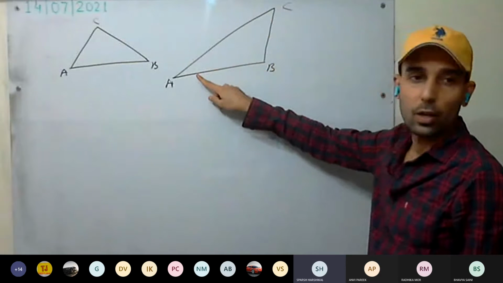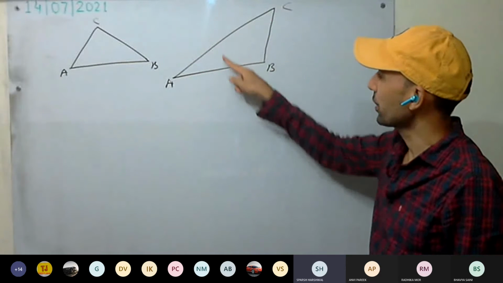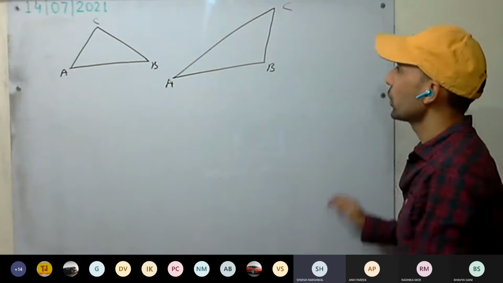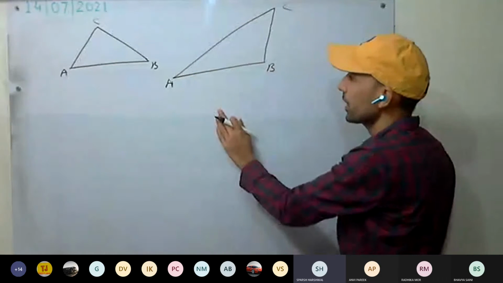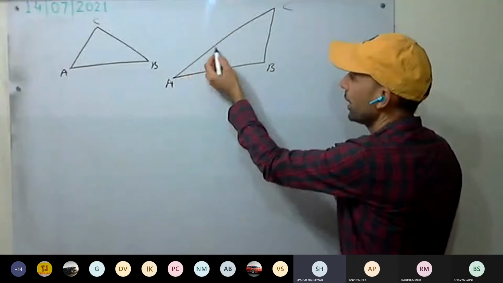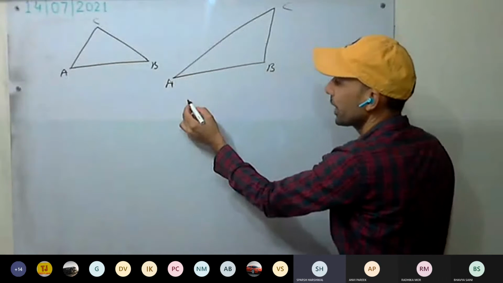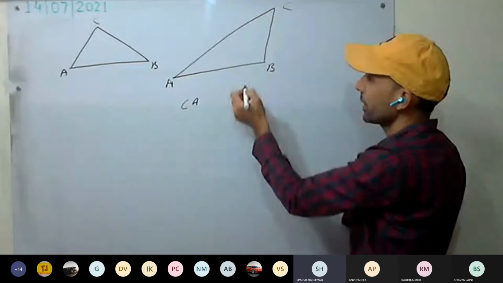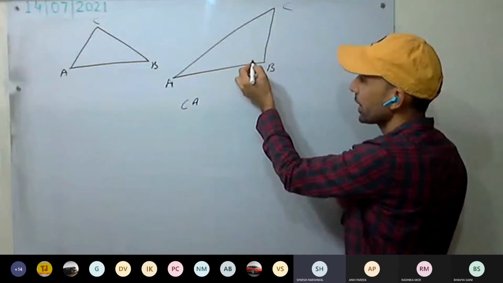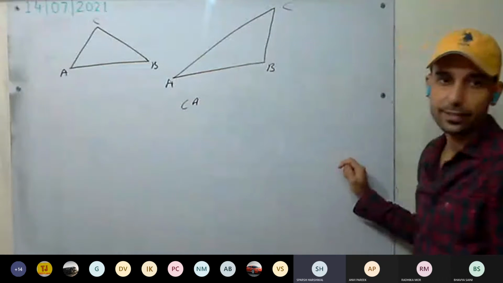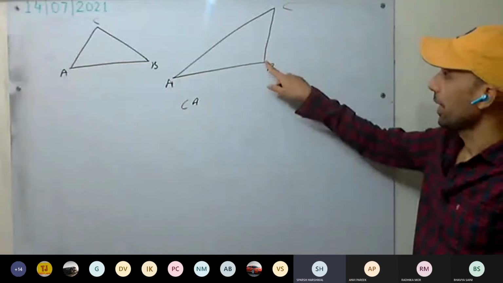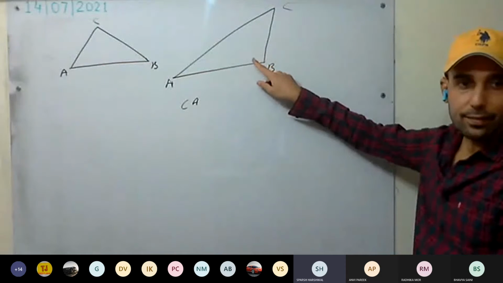You can see. Different angles, different lengths of the sides. So the largest side is CA, or you can call it AC. It has the largest angle opposite to it, angle B. It is the largest angle.